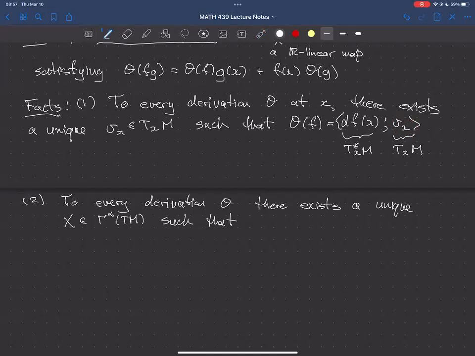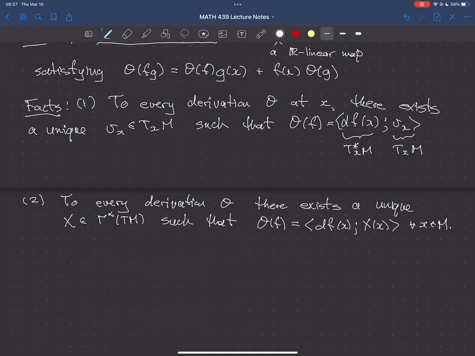So such that theta of f equals df paired with X. Just to distinguish it from the previous definition, this has to hold for every x. Again, this gives us an alternative and algebraic way of thinking of what a vector field is.